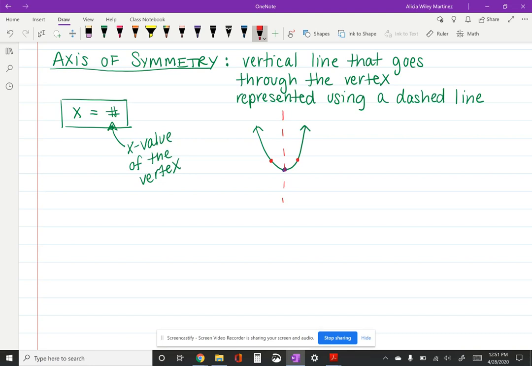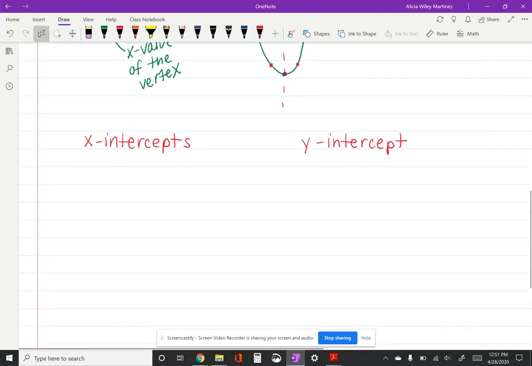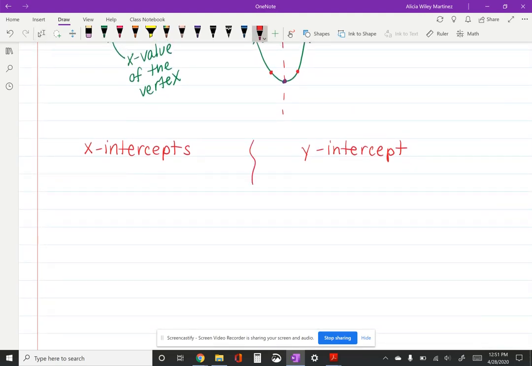In a quadratic graph, you can have both X-intercepts and you can have a Y-intercept. Remember from linear equations what these two things are. An X-intercept can have 0, 1, or 2 X-intercepts.